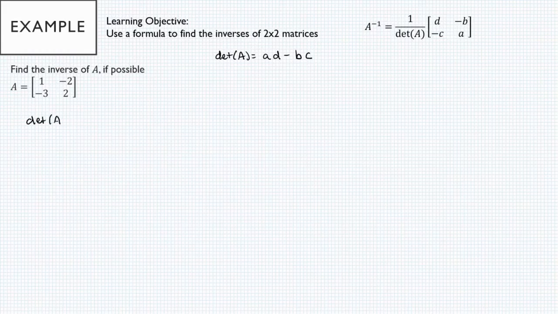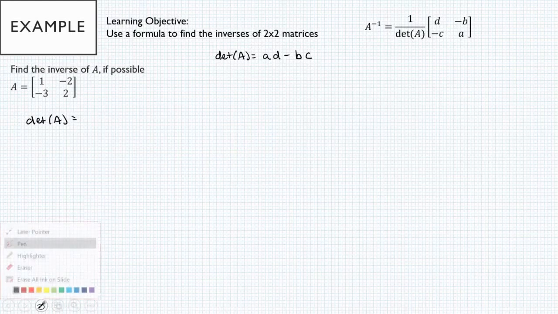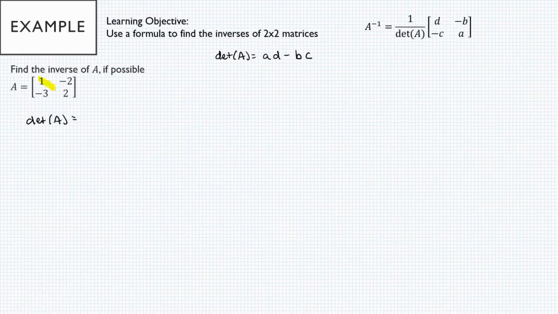So my determinant of A, I'm taking the first diagonal and I'm multiplying 1 times 2. And then you subtract the other diagonal, negative 3 times negative 2.